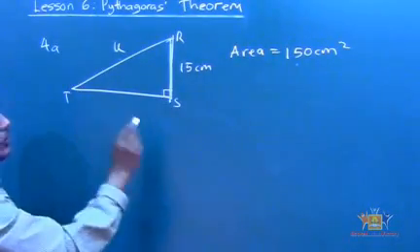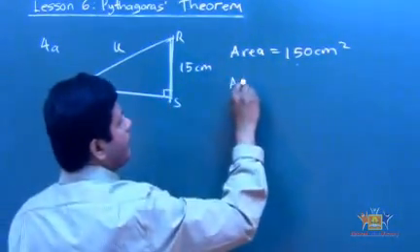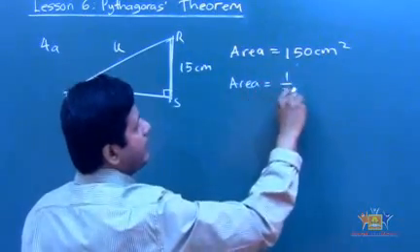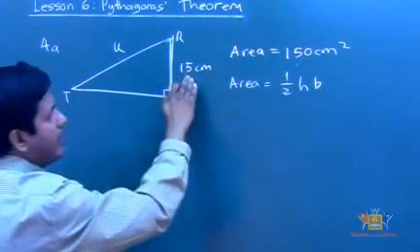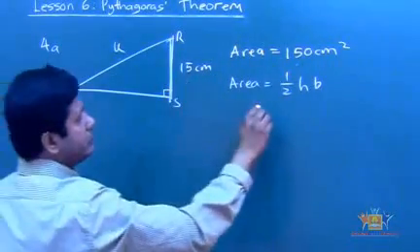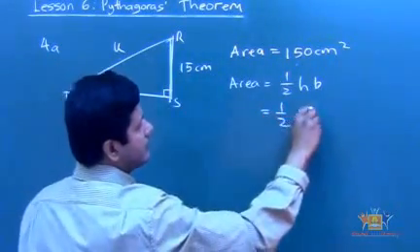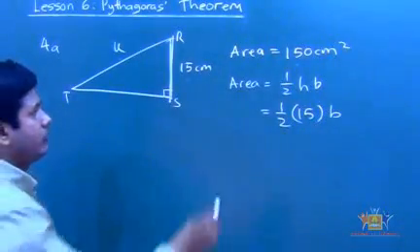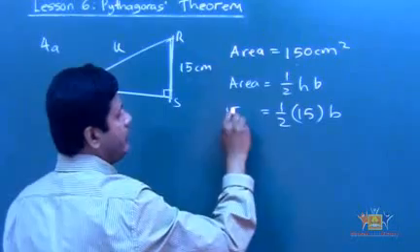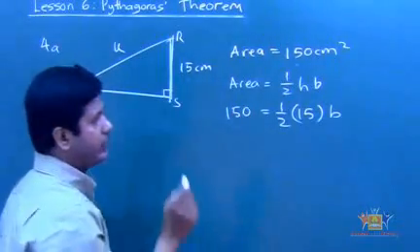Why is that? Because we know the area of a triangle is what? Half height times base. You're given the height, which is 15 centimeters. Can I find the base? Yes, because I also know the area. Area is 150. So let's find the base.